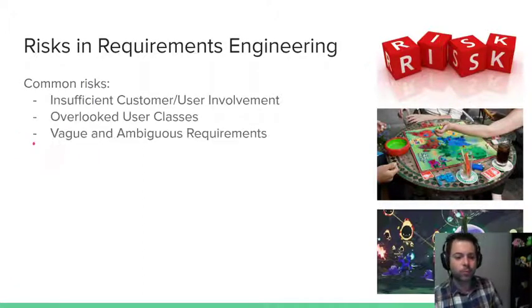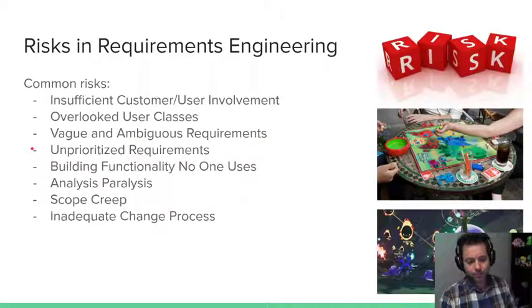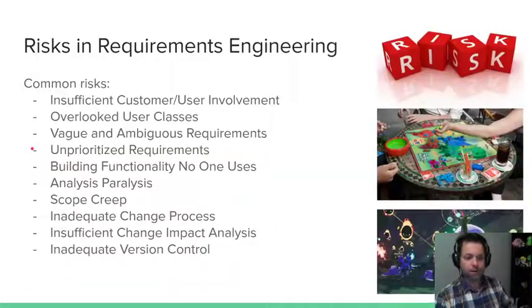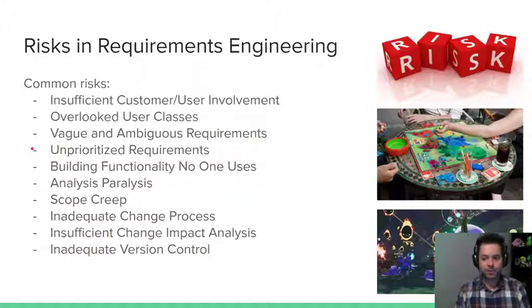Okay, we have some risks here. So let me pop all of these in. We may have problems that will reflect in our residual requirements, right? The customer, the users do not get involved enough, meaning that we don't know what their input is.